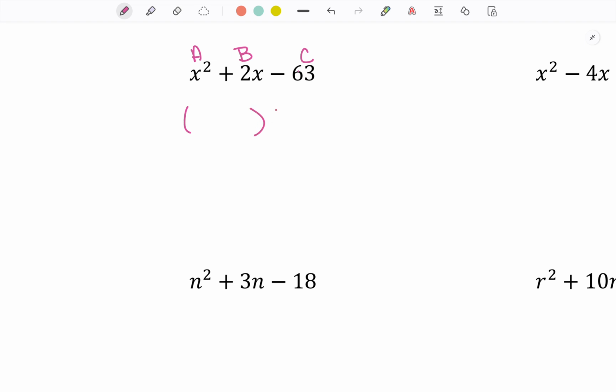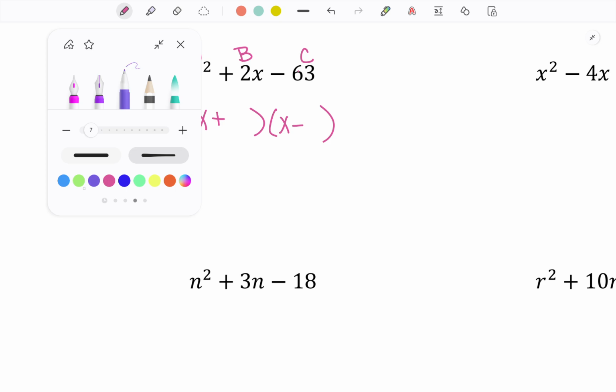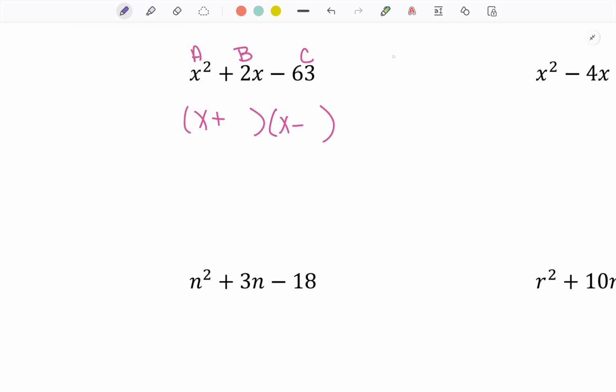So we are going to have x plus something, and that'll be our larger factor, and x minus something. So then we will go ahead and look at factors of negative 63. Or if it helps, you can think about factors of just 63, and then we can put in the signs here in a second. So we could have 1 and 63.